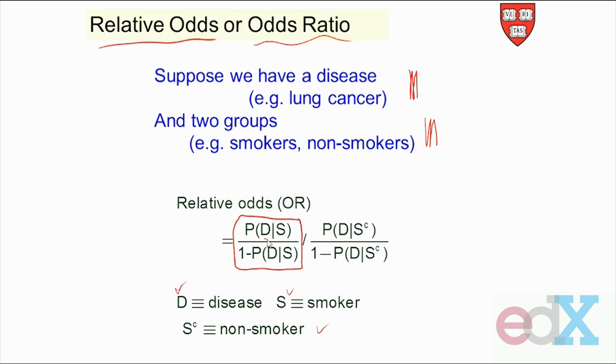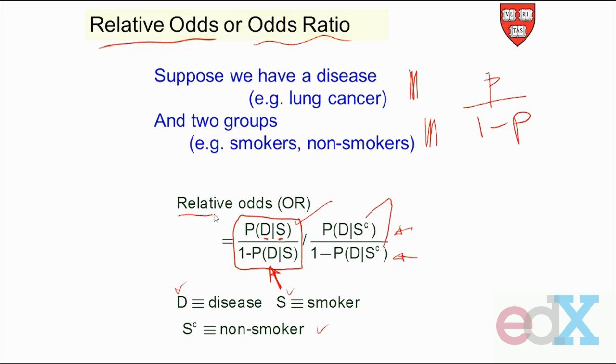It's the probability of getting the disease for the smokers, remember we're always talking about the smokers, over 1 minus that. So the odds, remember, was P over 1 minus P. Here's the P, and there's the 1 minus P, and this is for the smokers. For the non-smokers, it's P over 1 minus P again.